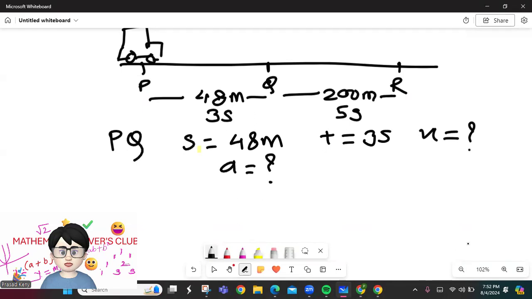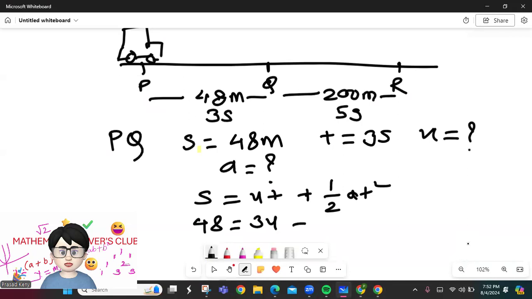Now since s is given, t is given, u and a we have to find out, I use s is equal to ut plus half at square. So 48 is equal to 3u plus half into a into 3 square, that is 9.